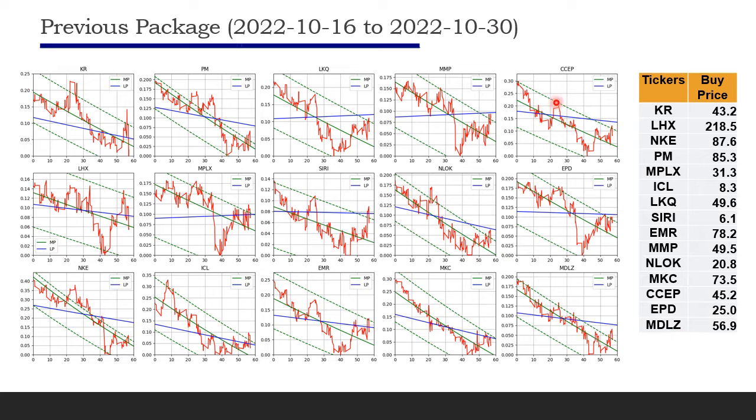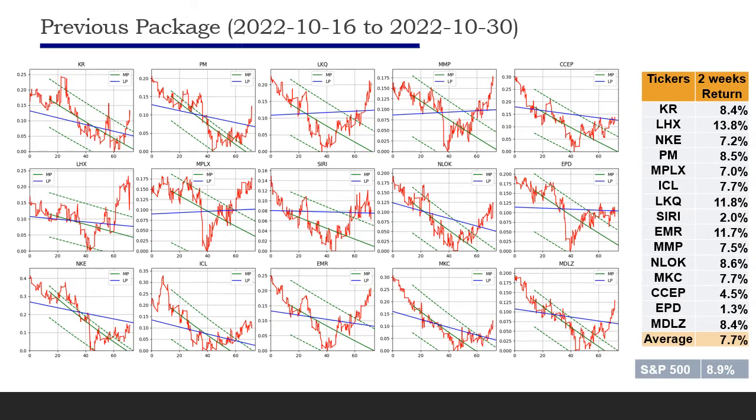And now let's check the return of this package. Here you can see the return of this package. These are the return of each individual stock. And as you see, the return of each individual is changing between 14% and 1.3%.